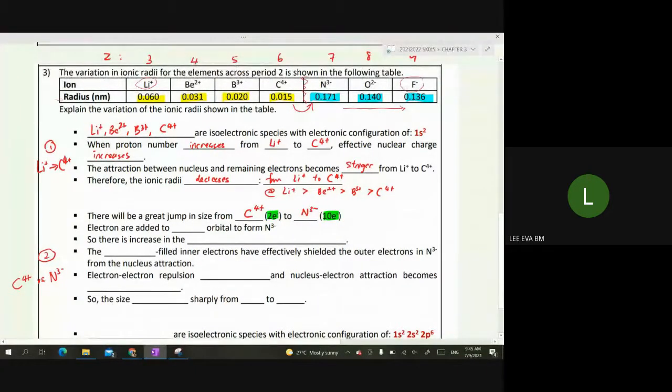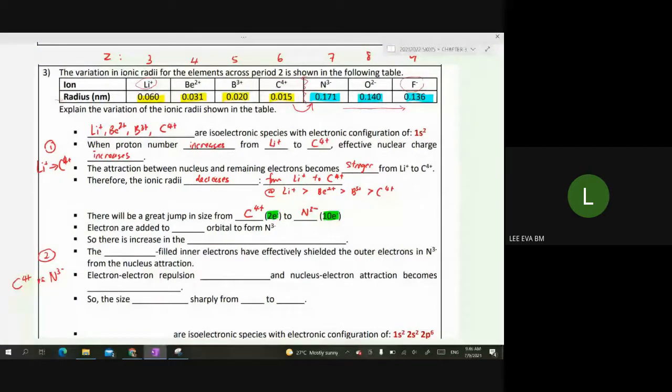Okay, so electrons are added to orbitals to form N3 negative. So masuk dekat orbital yang mana satu? Ataupun awak boleh mention lah, electrons are added to the outer shells to form N3 minus.